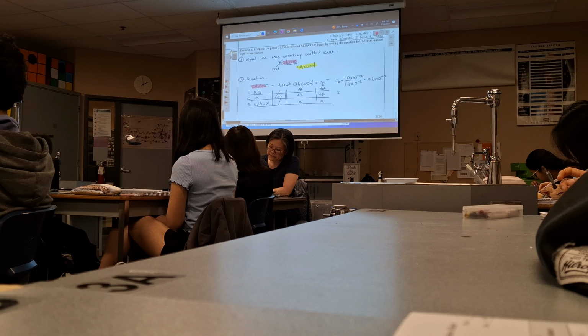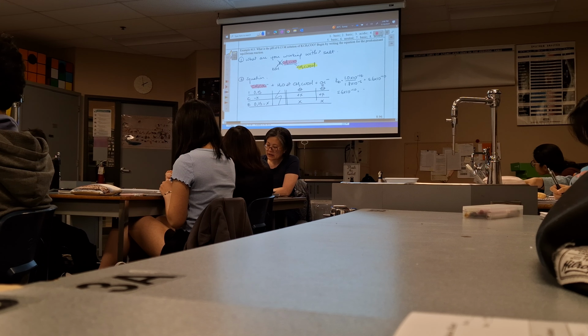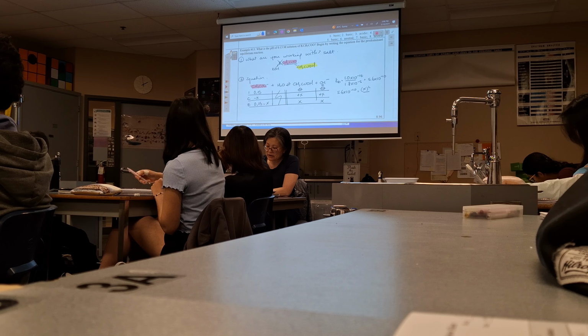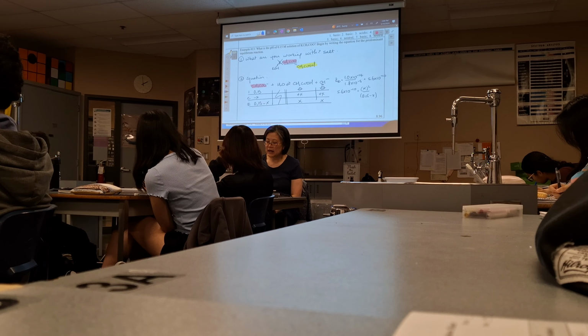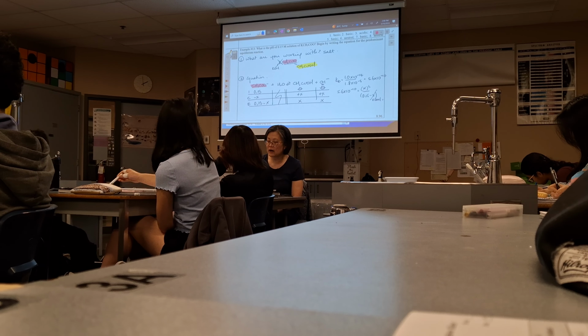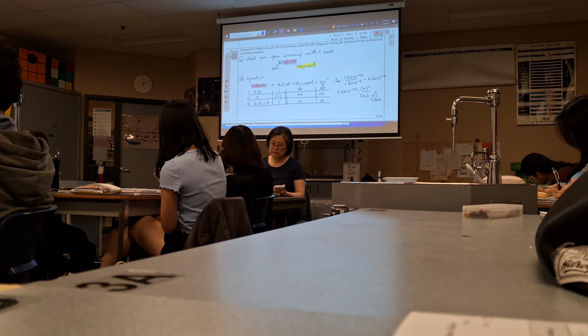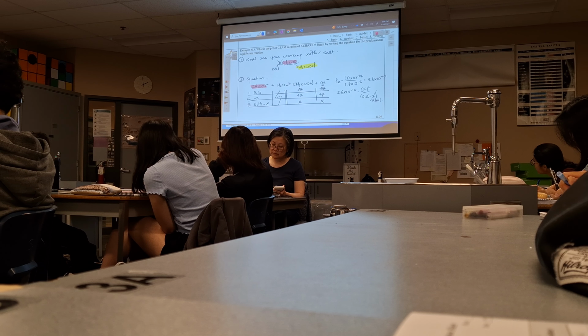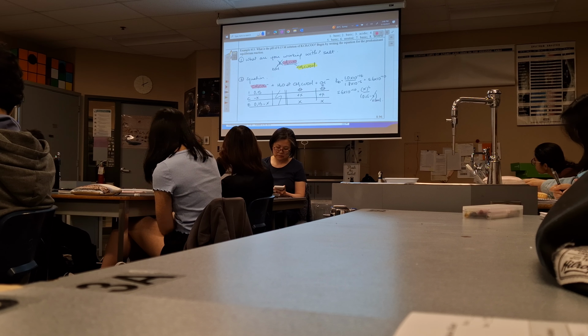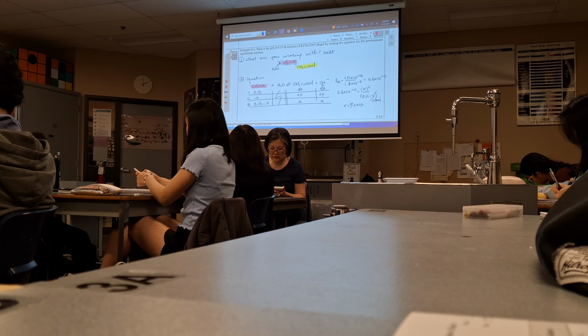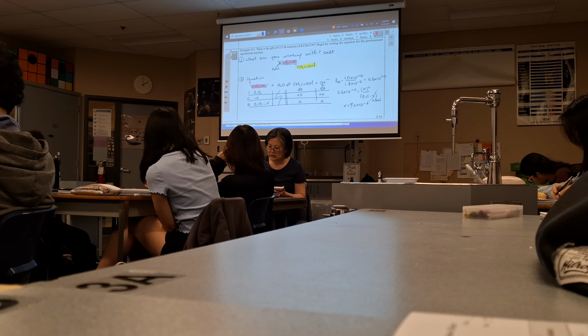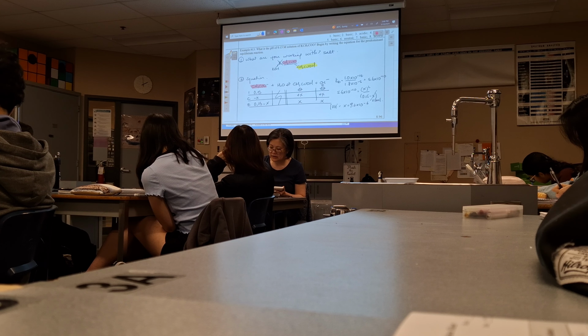So now you have 5.6 times 10 to the minus 10 is equal to X all squared all over 0.15 minus X. And again, just like before, we say that this is very small. And I get X is equal to 9.2 times 10 to the minus 6, which is equal to the hydroxide.